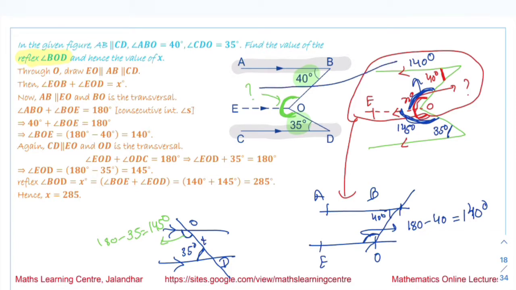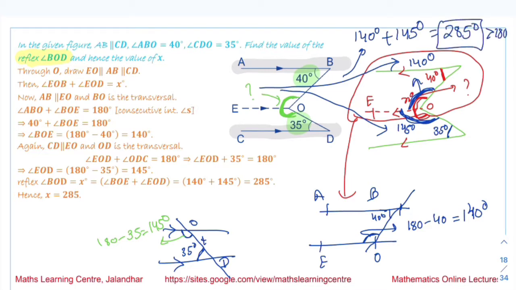The total value of x is the sum of these two values, that is 140 degrees plus 145 degrees, which is equal to 285 degrees. And it is greater than 180 degrees, that is why it is called the reflex angle.